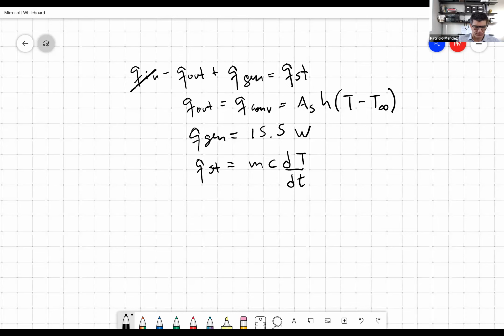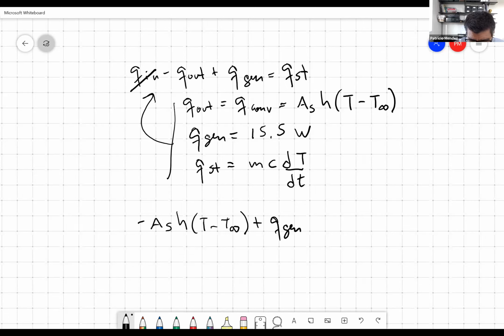And if I put this inside here, I'm going to end up with minus Q out is minus As h (T minus T infinity) plus Q generated, which is a constant, equals the Q stored term.